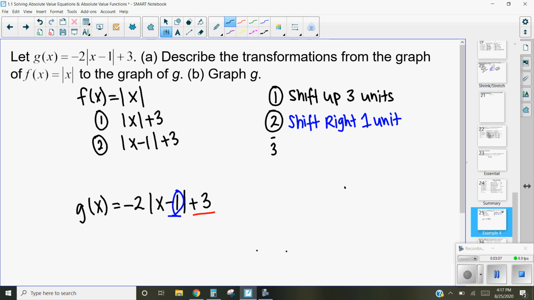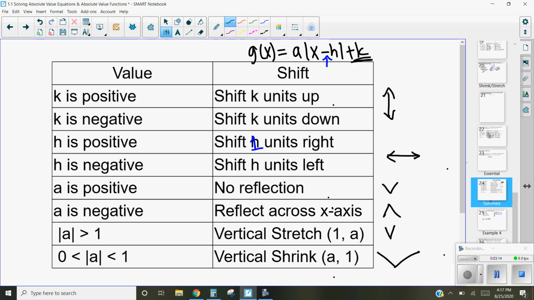Now the third part we're going to look at is this next component, this 2. A is 2, so the absolute value of 2 is 2, and 2 is greater than 1. So we're going to have a vertical stretch, which means it's going to get thinner.